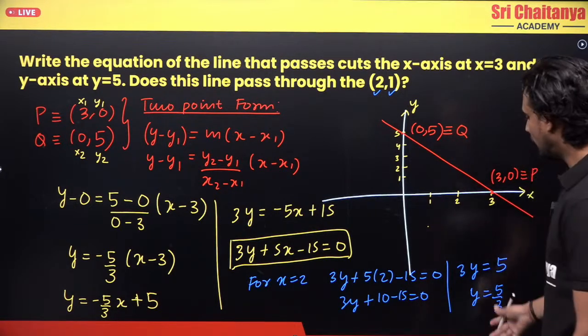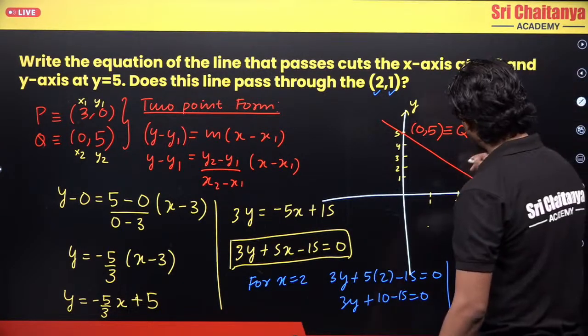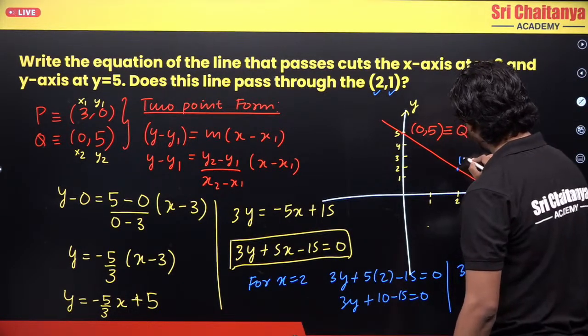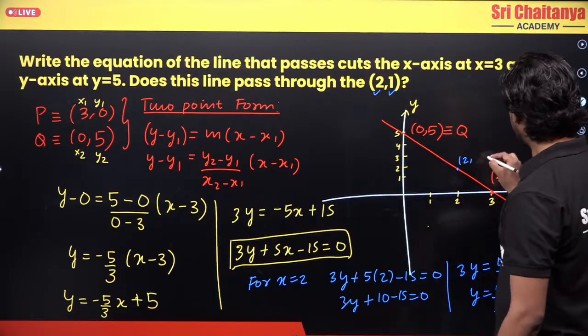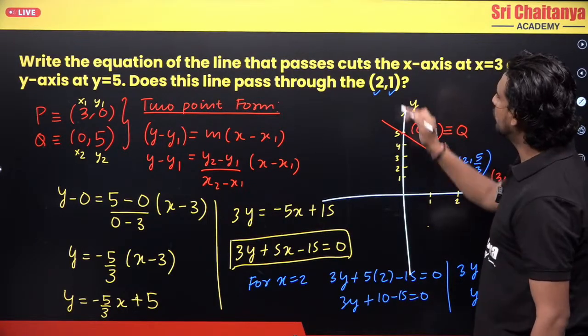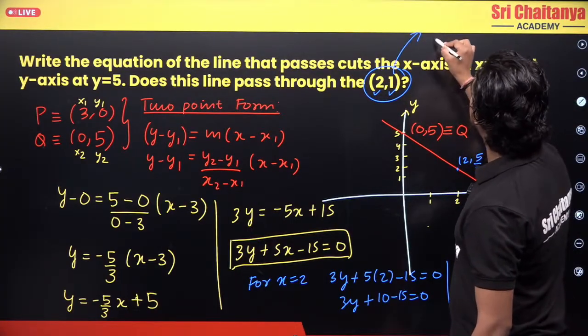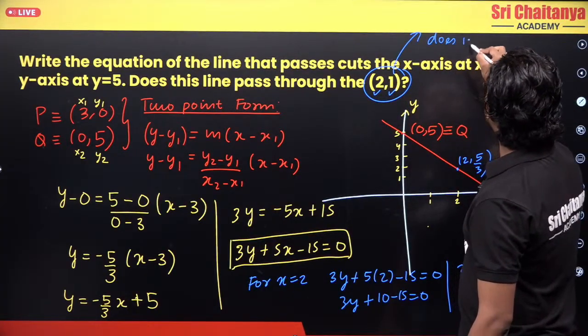Yes, so the point which lies on the straight line is 2 comma 5 by 3, and not 2 comma 1. So what can I say? 2 comma 1 does not lie on this straight line.